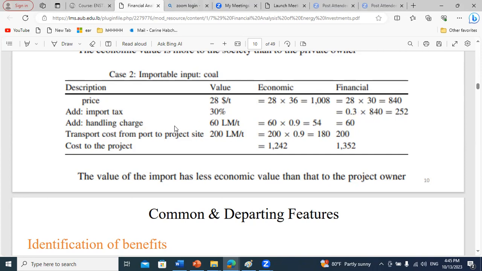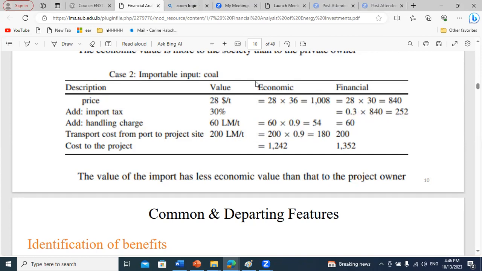Now, concerning the handling charge, for the case of economic value, it's 90% of the financial value, so it's 60 times 90% per ton. While for the transport charge, it's 200 for financial, while 90% of 200 local money for economic.